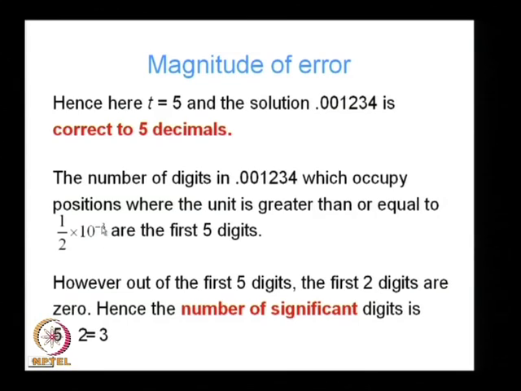I apologize for the typo, but the number of digits in 0.001234 which occupy positions where the unit is greater than or equal to half into 10 to the power minus 5 are the first 5 digits. However, out of the first 5 digits, the first 2 digits are 0. Hence, the number of significant digits is 5 minus 2 is equal to 3. So, we have 3 significant digits in our numerical solution.